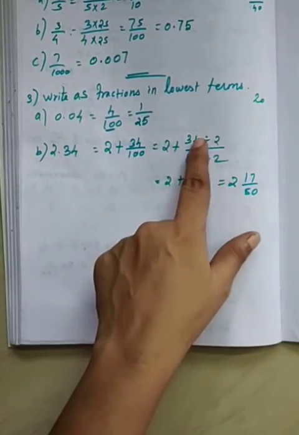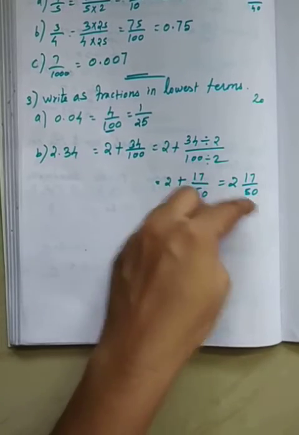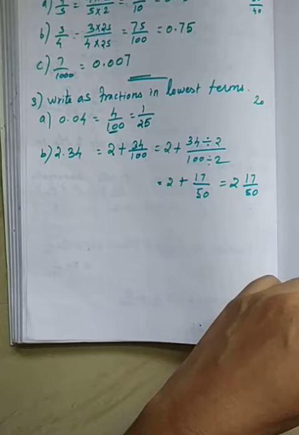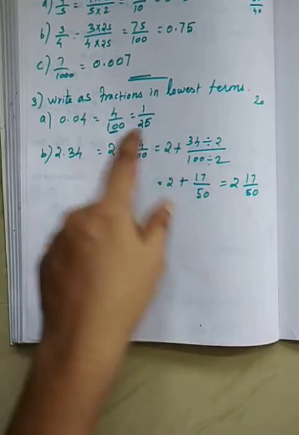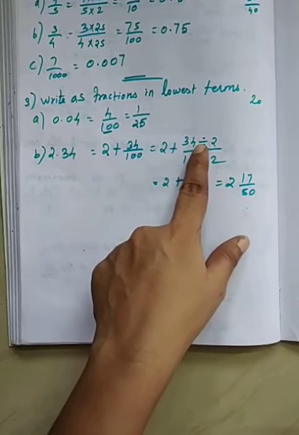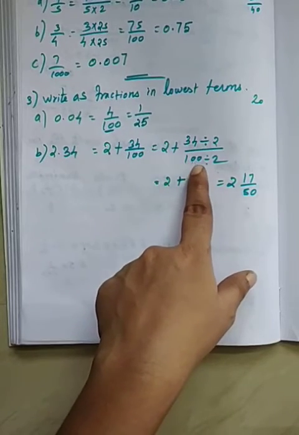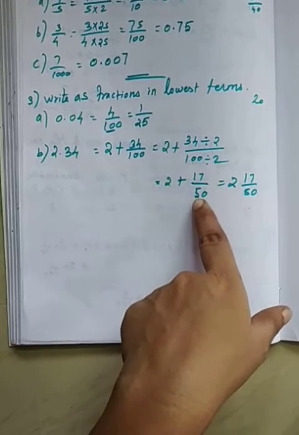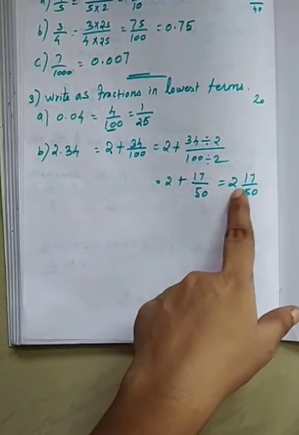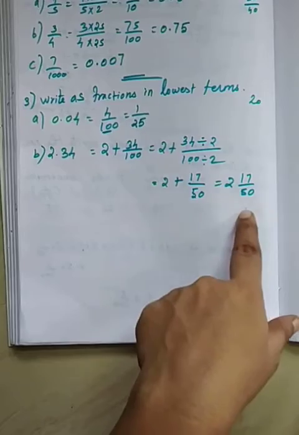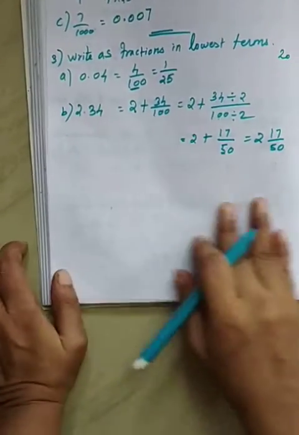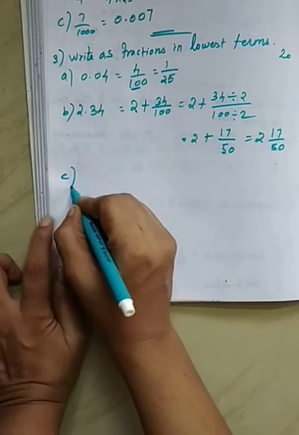Now you can find the lowest term. So the common value you have to divide for in this term, that's why I take 2 as the common term, divided for both numerator and denominator. You will get 17 by 50. See here, 2 plus 17 by 50 can be written as 2 into 17 by 50, which is the solution. Clear? See the next one.